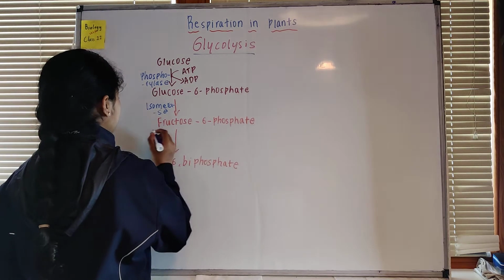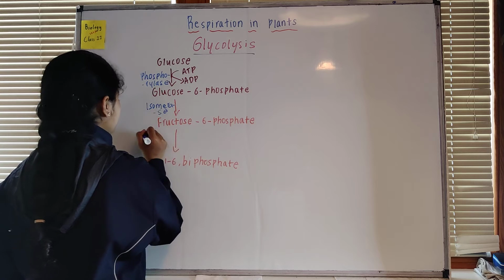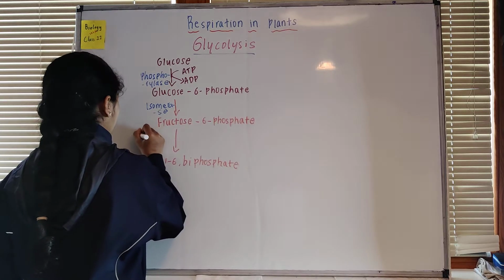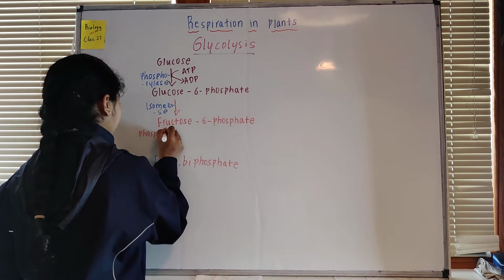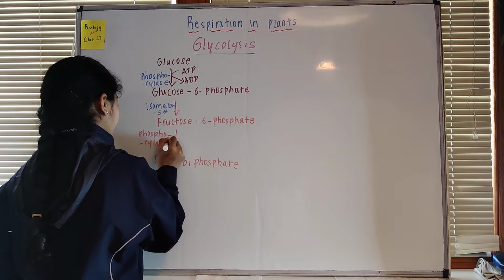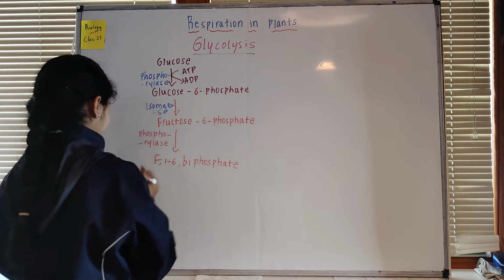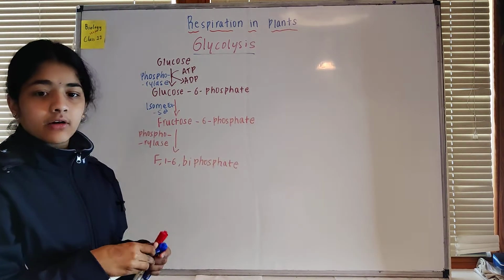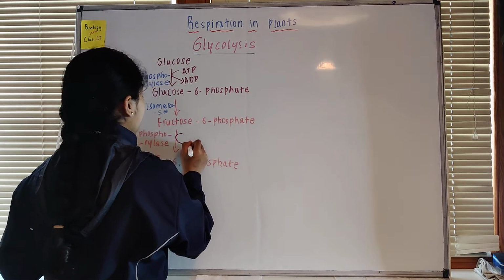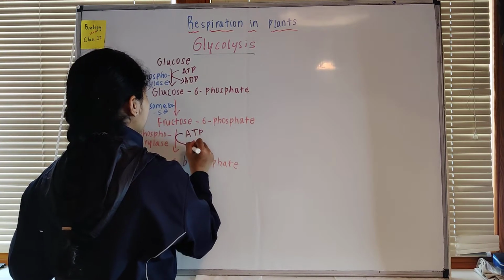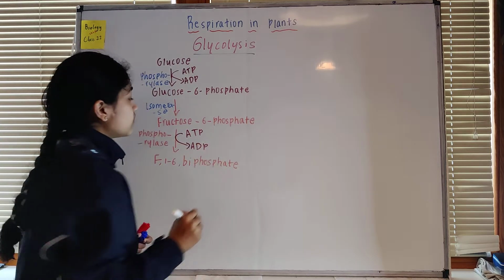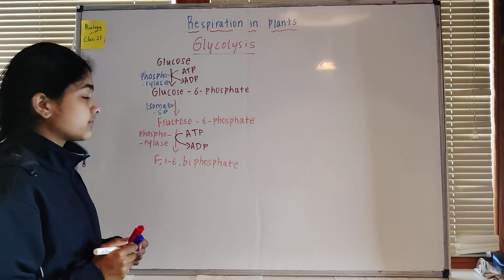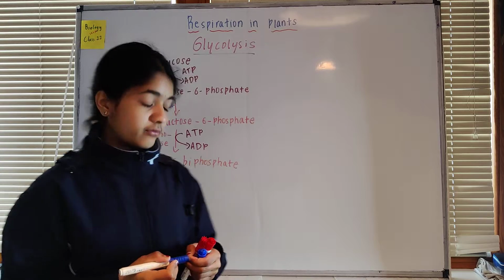The enzyme which helps in this reaction is again phosphorylase, and here also this is a redox reaction. Here also ATP gets reduced into ADP. So here also we are investing the ATP. This is what is happening in the conversion of fructose 6-phosphate to fructose 1,6-biphosphate.